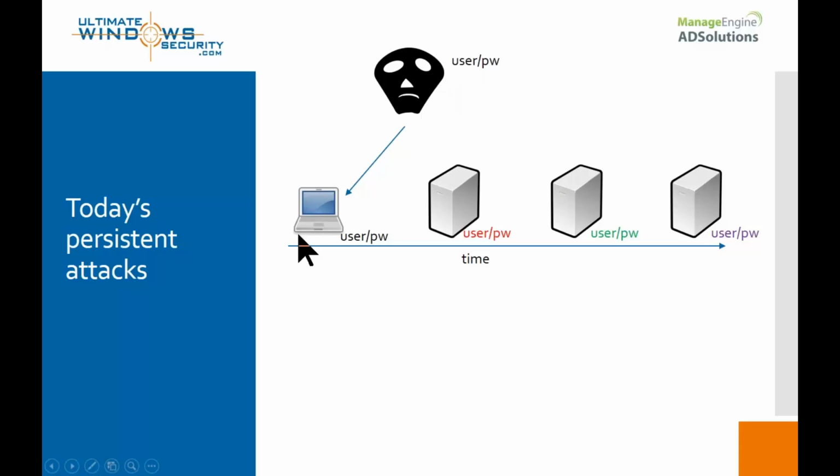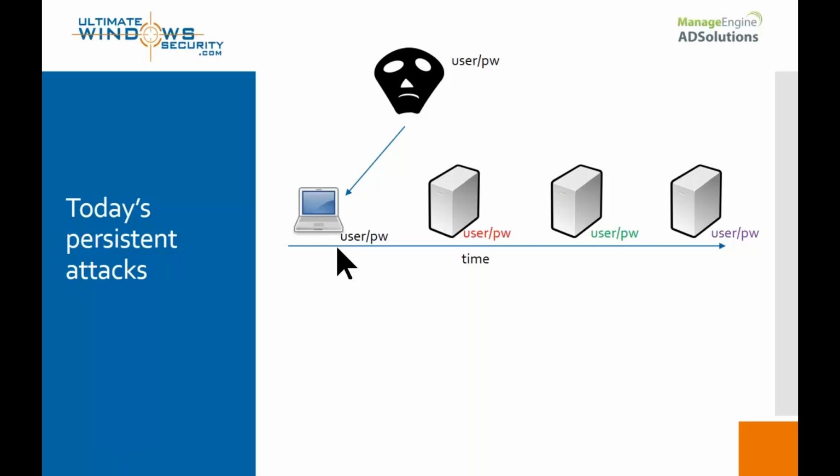So the bad guy has gained control of an endpoint, and by that I mean he succeeded in getting that endpoint to run his code, and there's a whole process for getting that to happen. But right now, the bad guy's code is running under the logon session, or with the credentials, of the local user of that workstation. Whatever user clicked on the phishing email link or fell for the drive-by download or whatever.